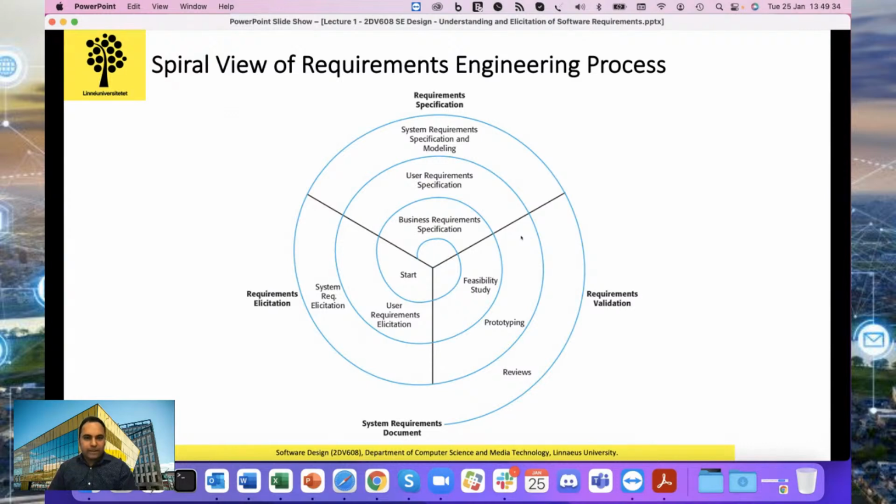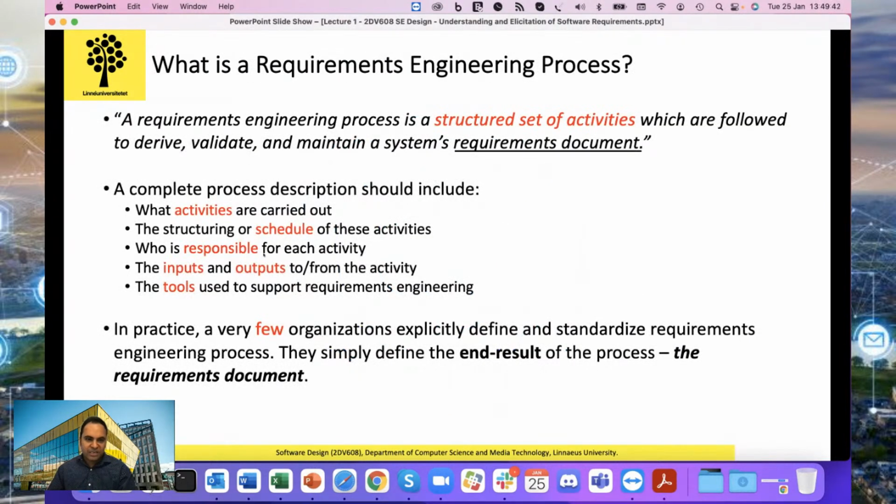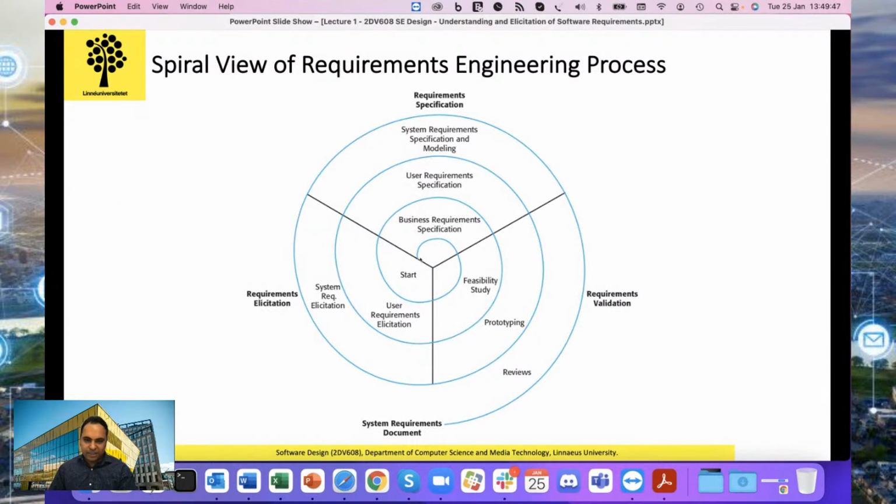So this shows a spiral view of the requirements engineering process. As I mentioned earlier, a requirements engineering process includes these items, but this gives a more clear picture graphically. And by the way, this figure is also from the book, so you can find more details about the figure. When we are talking about the requirements engineering process, it has three main focuses.